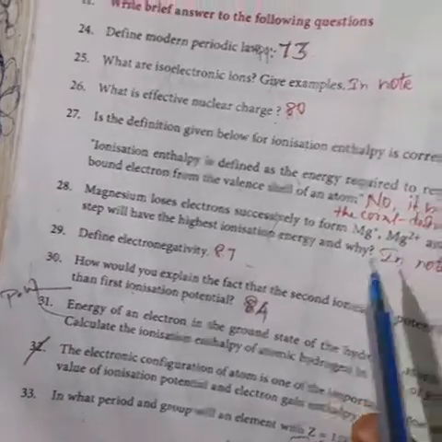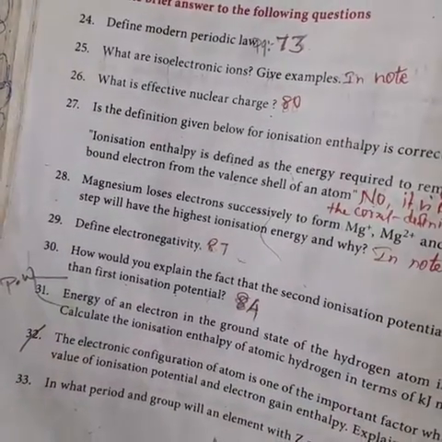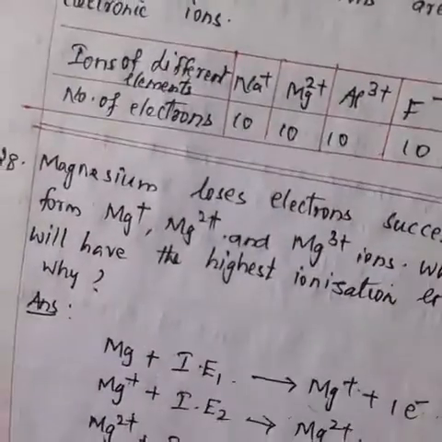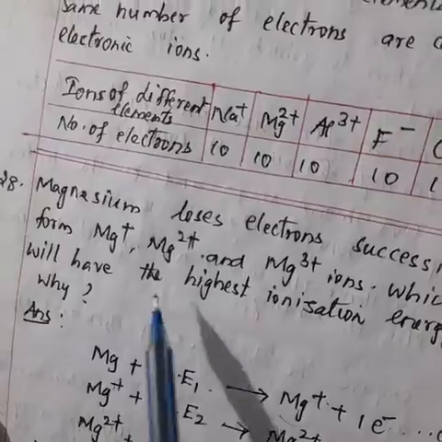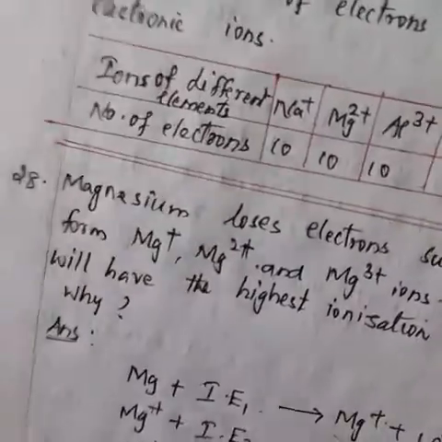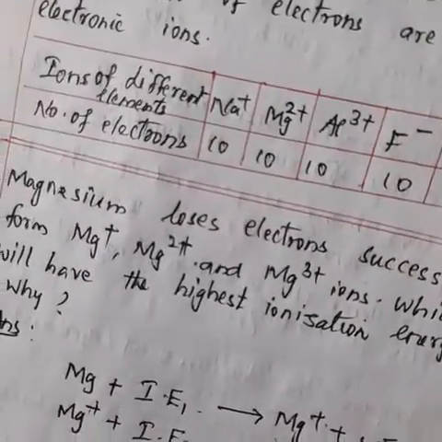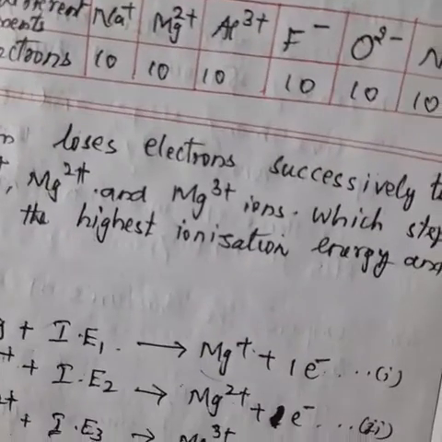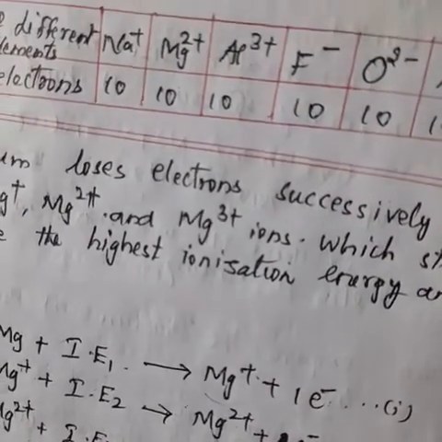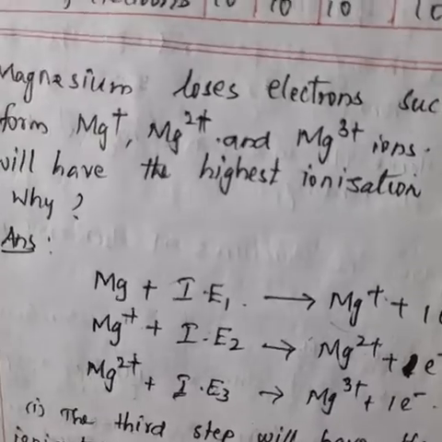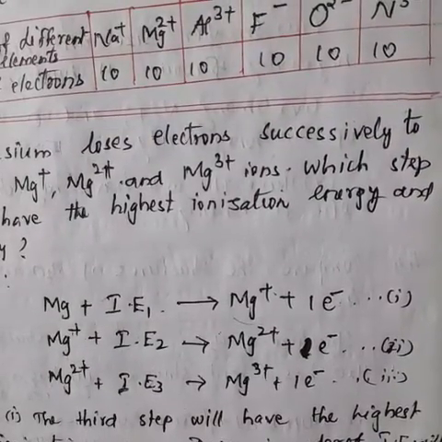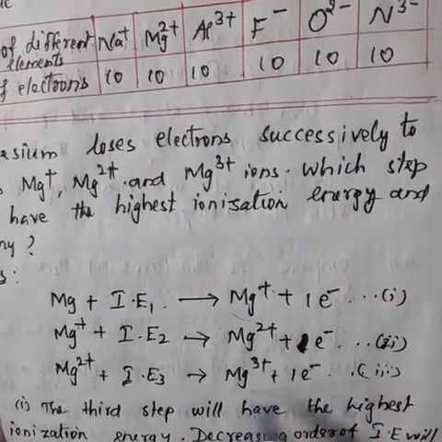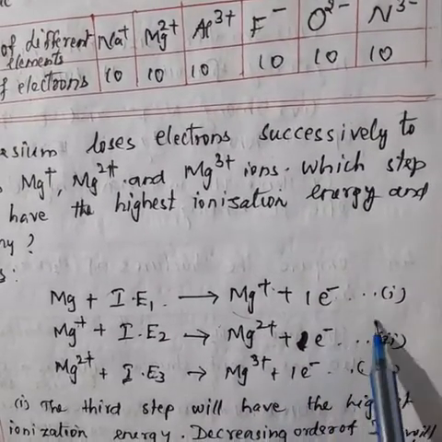And question number 28. Magnesium loses electrons successively to form Mg+, Mg2+ and Mg3+ ions. Which step will have the highest ionization energy and why? When a magnesium atom loses one electron, it becomes Mg+, so the ionization energy is indicated by IE1.